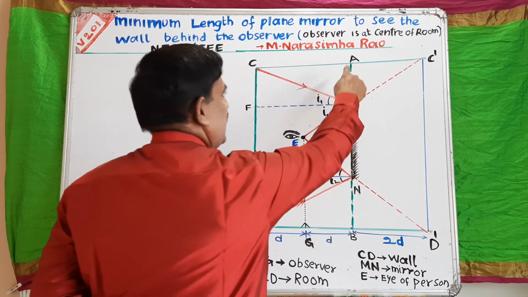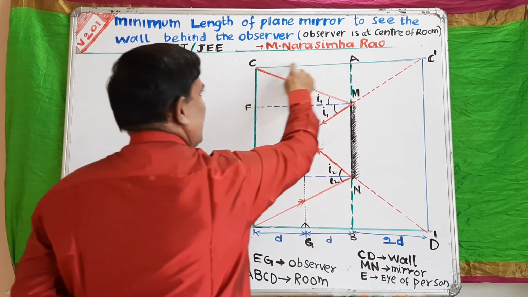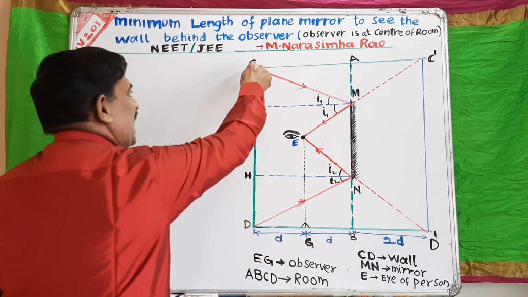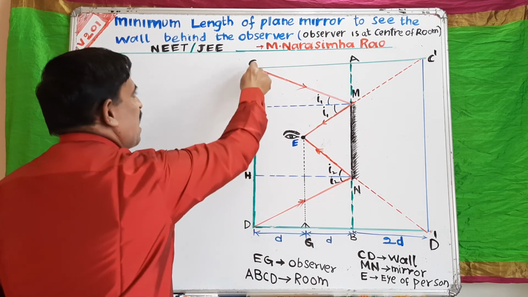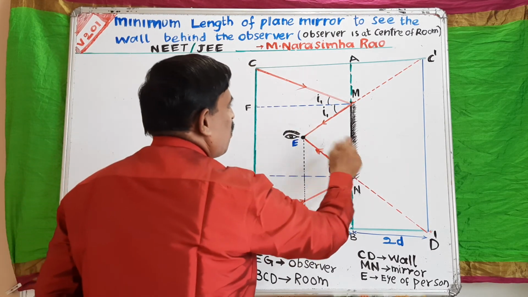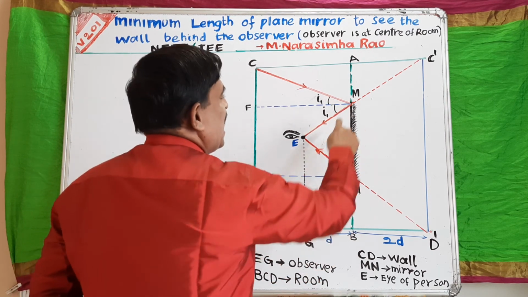Now, ABDC is the closed room. CD represents the wall. To the opposite wall, I have fixed one plane mirror.